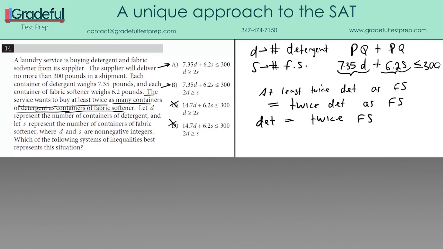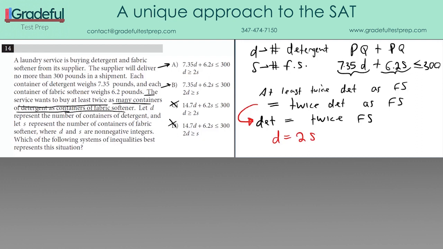So what we just did there is we kind of rearranged the wording of what they said. It's exactly equivalent, but it's just in the way that you're able to kind of naturally write an equation from that. Because if the detergent is twice the fabric softener, that's, for us, D equals 2S. So we kind of, in a subtle manner, turn this verbal expression into something that, yes, we could write an equation from.